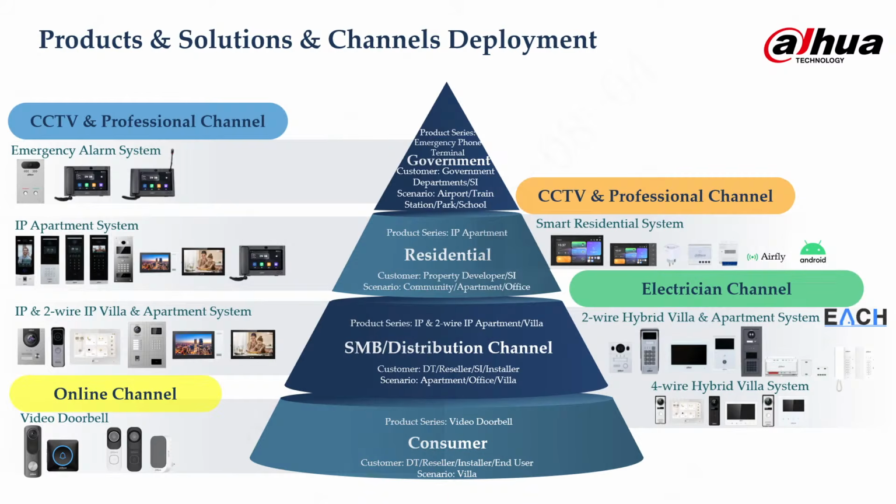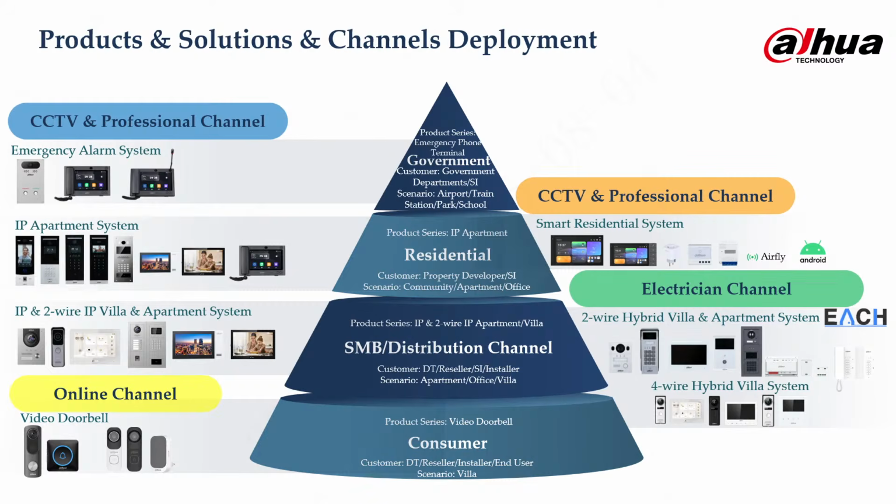Okay, let's check the product tree from Dahua. We can divide the products into different sections. For example, professional channels, electrician channels and online channels. In professional channels, you can find the industrial solutions like emergency alarm system, and also apartment solution and villa solution.